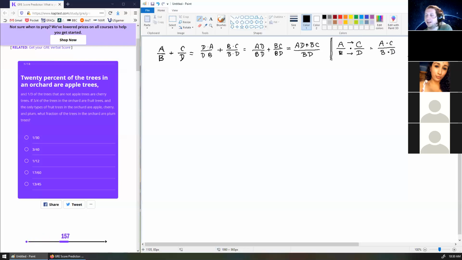So that's most of what you do when you are dealing with fractions. Now, someone said cross multiplying. When you have division, that's when that whole cross multiplying thing comes in.